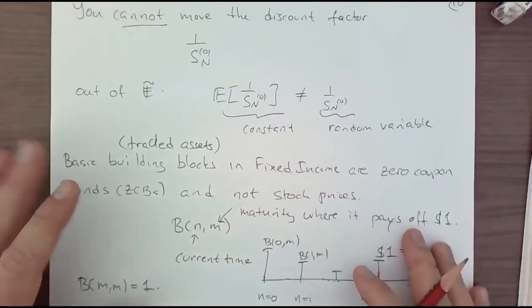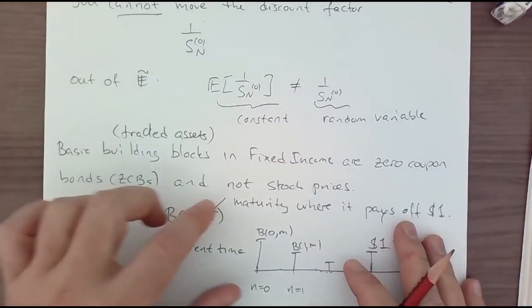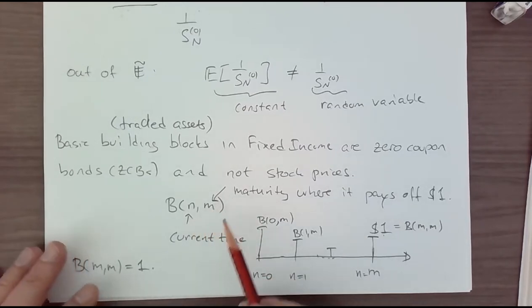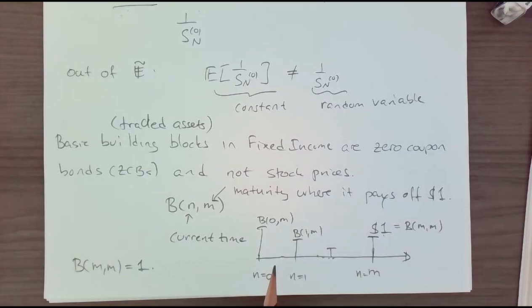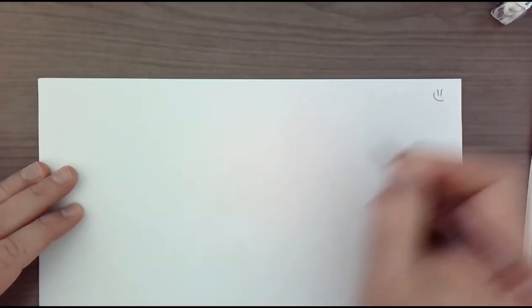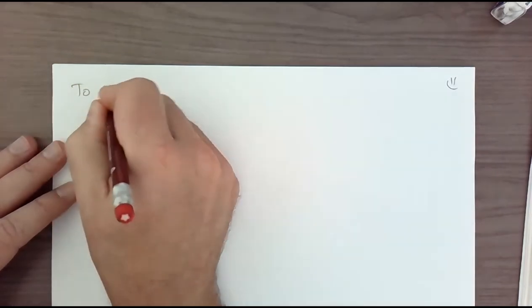Our investor can now trade in the bank and in these zero coupon bonds, with all maturities M equal to 1, 2, 3, and so on. The first thing we need to do is make sure that the model is arbitrage free.